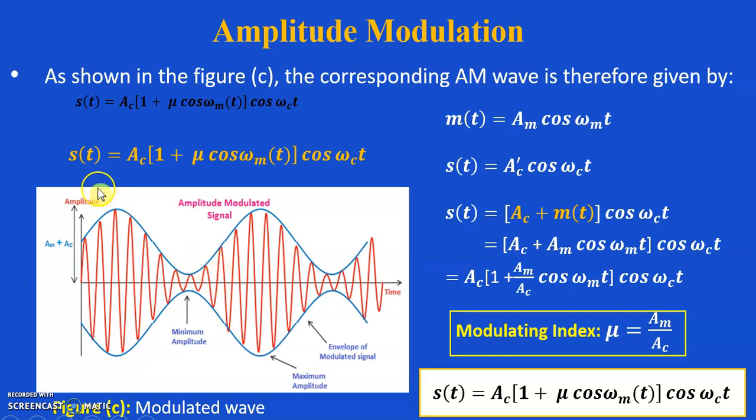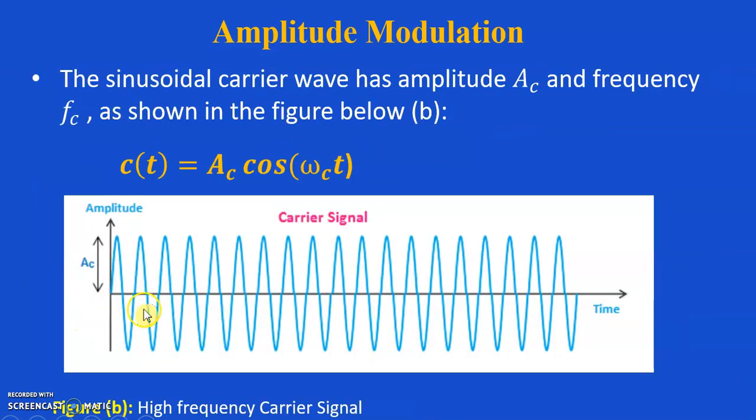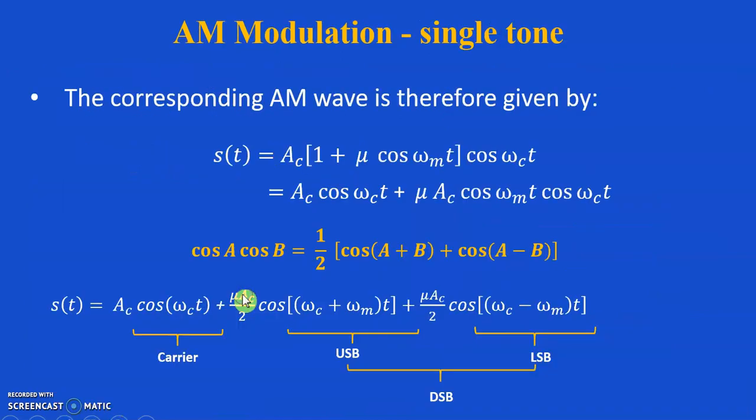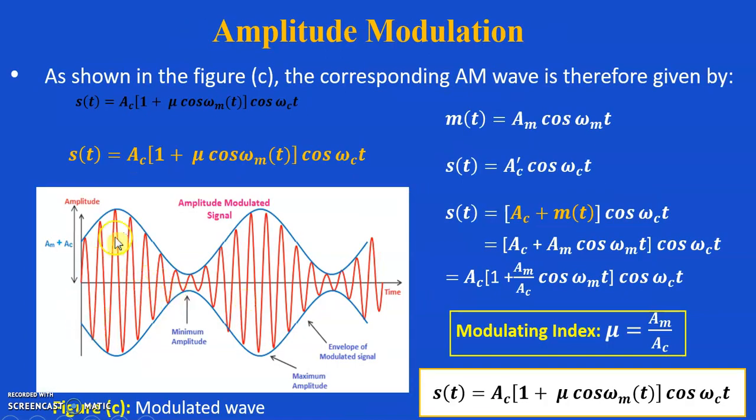is given by s(t) = Ac[1 + mu cos(omega_m t)] cos(omega_c t). This signal, the modulated signal, has the same frequency as the carrier signal.